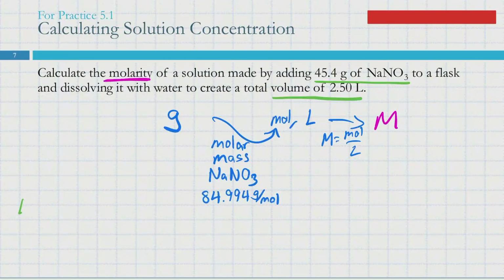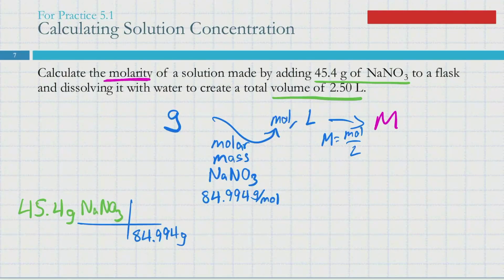So starting with our 45.4 grams sodium nitrate, we divide by our molar mass, and we'll get the number of moles that we have, 0.534... Remember, the ... means there's more digits and we're using them.